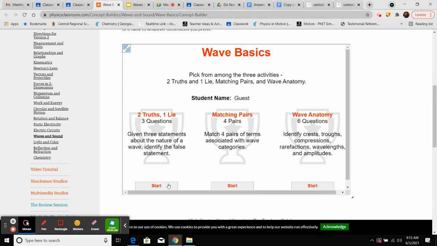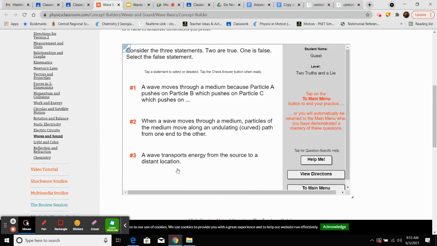Okay, let's start this real quick. Two truths and a lie. A wave moves through a medium because particle A pushes on particle B, which pushes on C, which continues. That's true. When a wave moves through a medium, particles of the medium move along an undulating or curved path from one end to another.